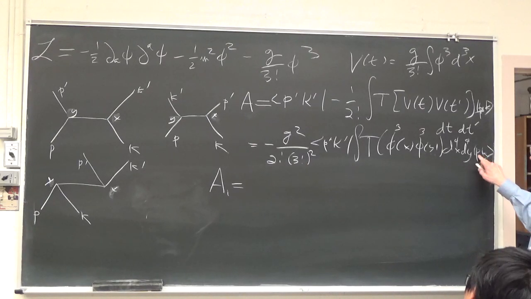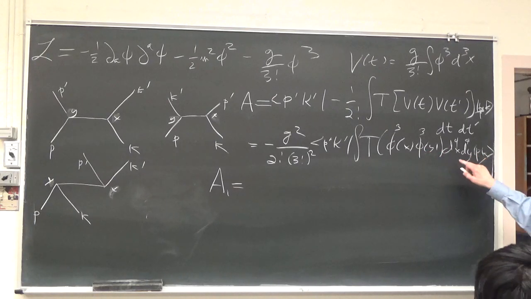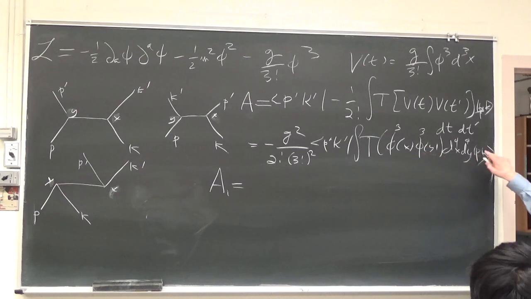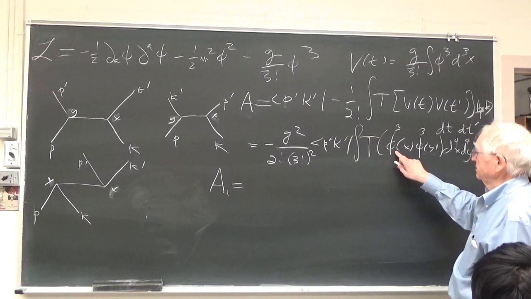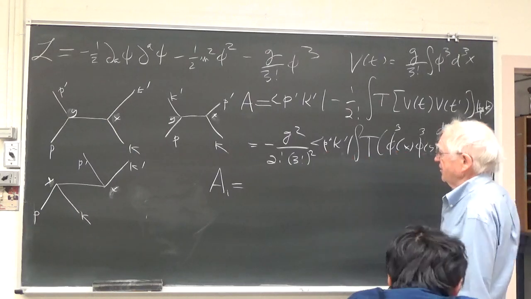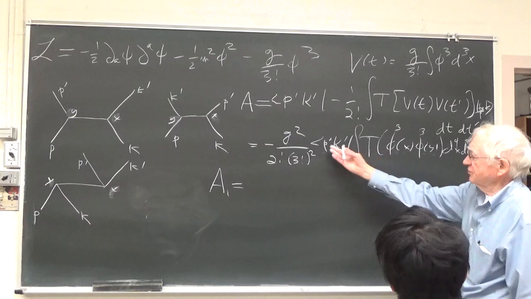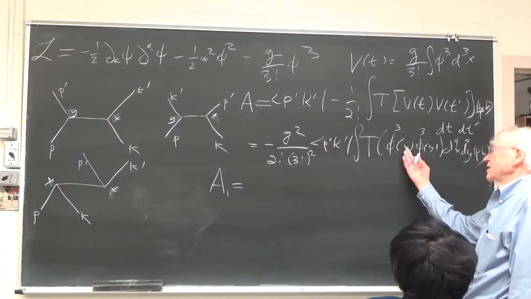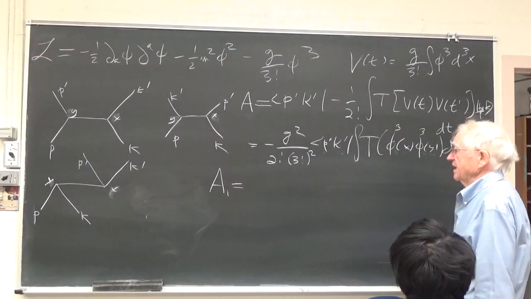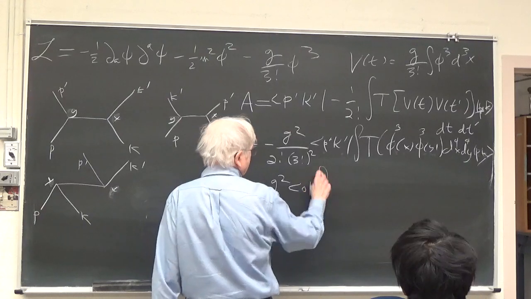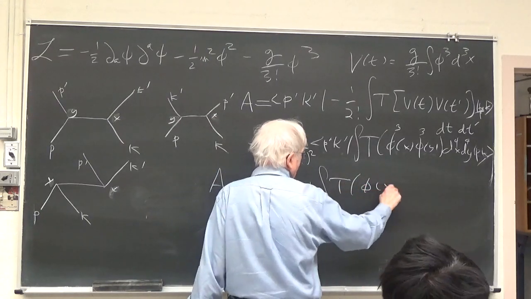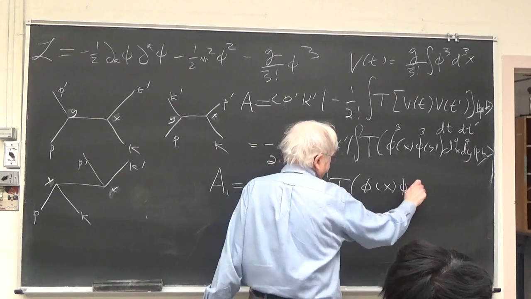And so there are 3 choices for which field supplies the annihilation operator for P, and then there are two choices for which field supplies the annihilation operator for K, and similarly the three fields here creating the two final state particles, there are three choices for which one creates P prime, two choices for which one creates K prime.